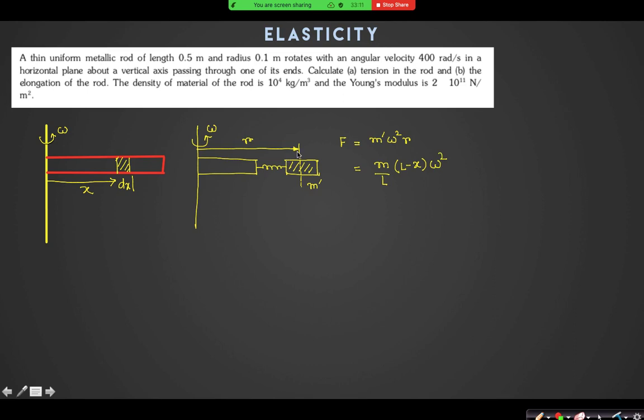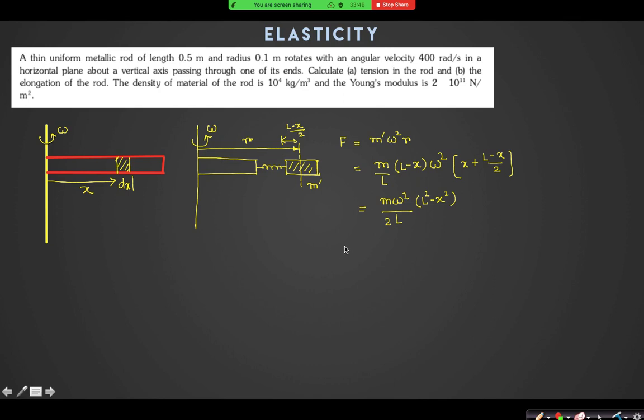What is the center of mass of this point? If this is x and this position is L minus x, so this is L minus x by 2, right? So this is x plus L minus x by 2. Yes or no? So I can say it is m omega square by 2L into L square minus x square. It is the force on this segment.